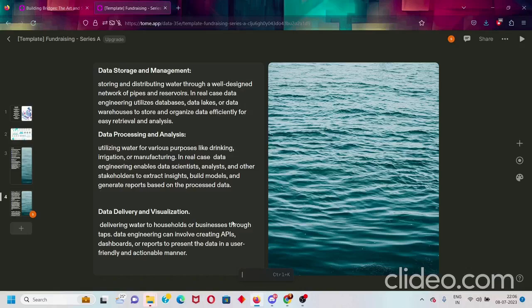Mainly, data warehouses are used for large computing of data, so we can store and retrieve the data easily for analysis. That is data storage and management.